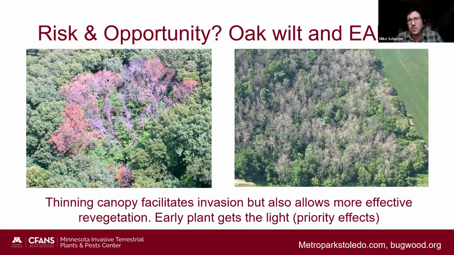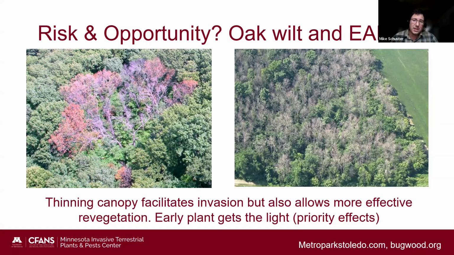I also want to take a moment here to point out that we have a risk and an opportunity in the state right now, where the spread of oak wilt and emerald ash borer are affecting canopy conditions in a way that likely is going to facilitate invasion, right? If we're opening up the canopy, that means that buckthorn are going to do better. Our data have shown that. But it has also shown that revegetation is more effective there too.